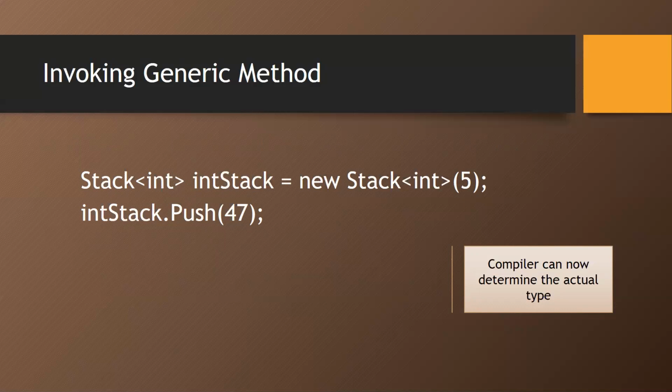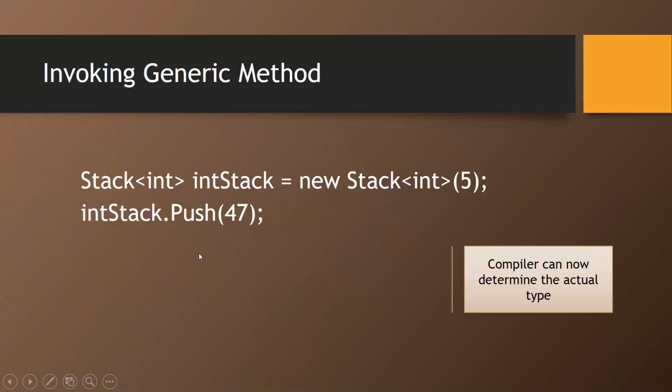Everywhere in our stack class that we have that uppercase T, we're going to replace it with the keyword int. So everything inside our stack class will become an integer. We could use the word double here, and then everything in our stack would use the double. So we can create some really, really dynamic classes and code by using generics.